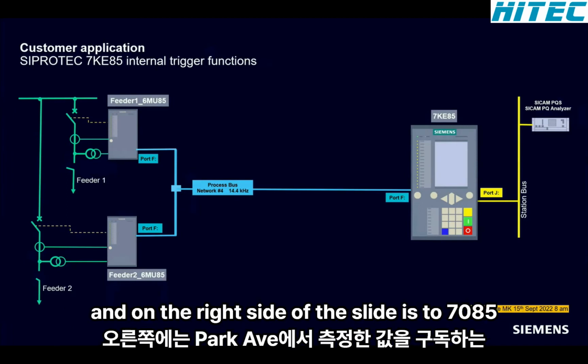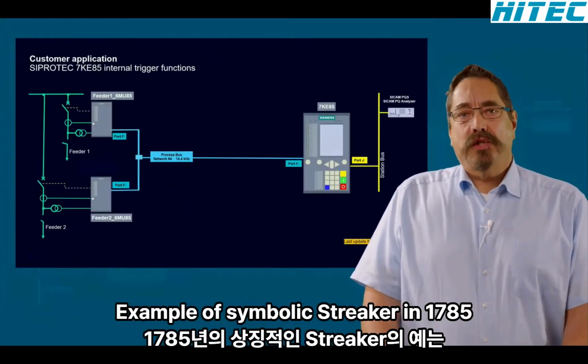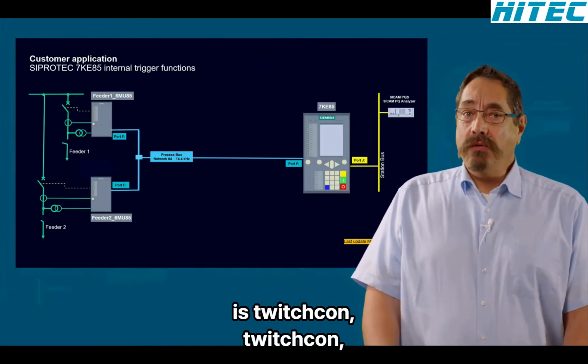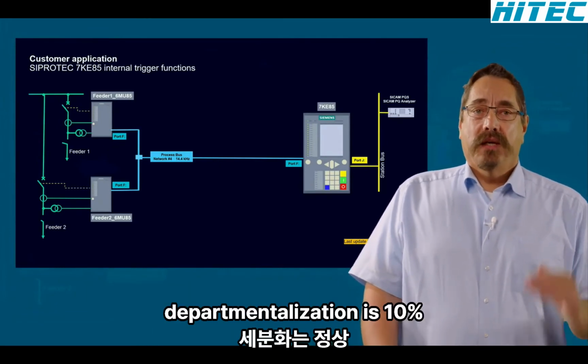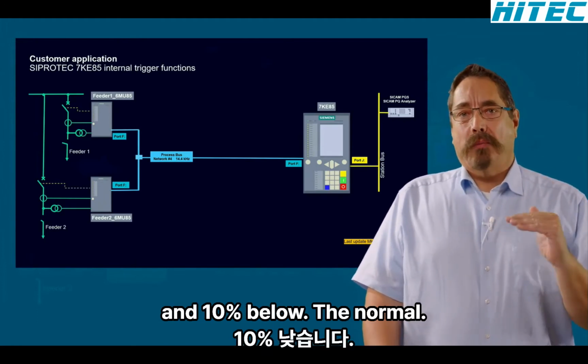And on the right side of the slide is the 7KE85, which subscribes to those measured values on port F. In our example, the voltage trigger in the 7KE85 is switched on. The parameterization is 10% above the nominal voltage and 10% below the nominal voltage.